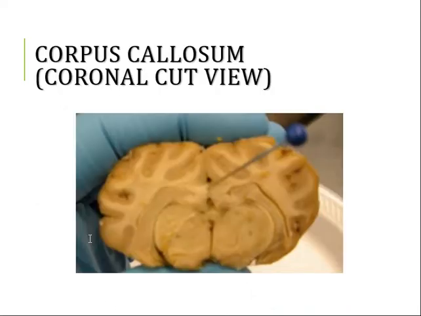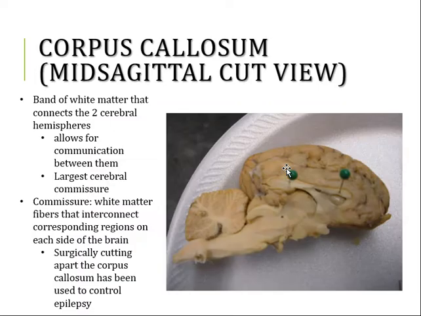And here is the corpus callosum. This is the coronal cut view. You can also see it from the mid-sagittal dissection, and we'll go into that in just a second. But I wanted to go over what it looks like, because it looks different depending on what view you're looking at it from. If we're looking at the corpus callosum from the mid-sagittal cut, it looks entirely different.